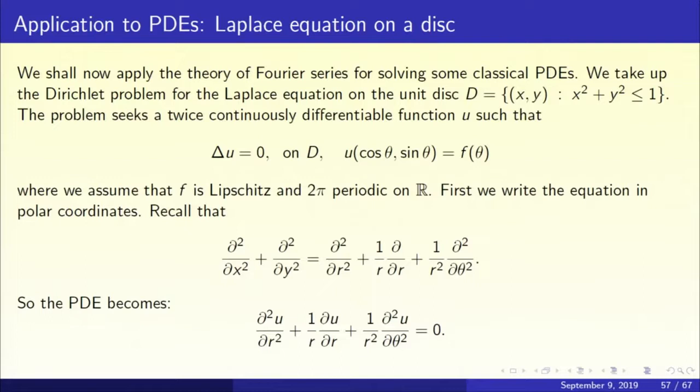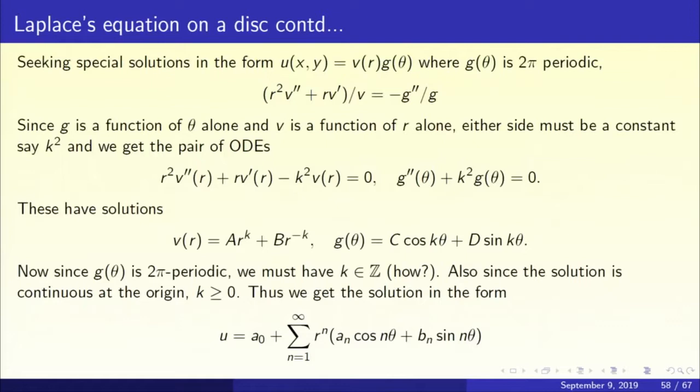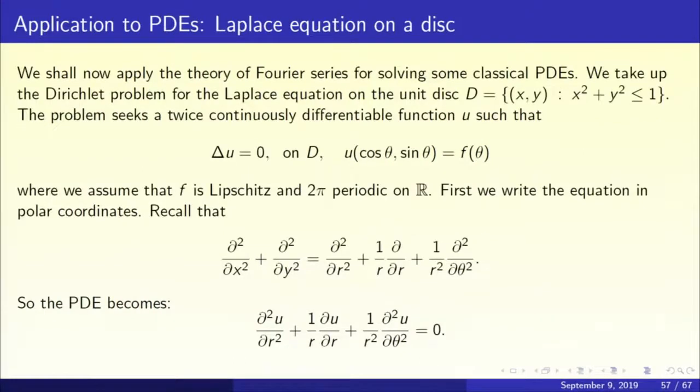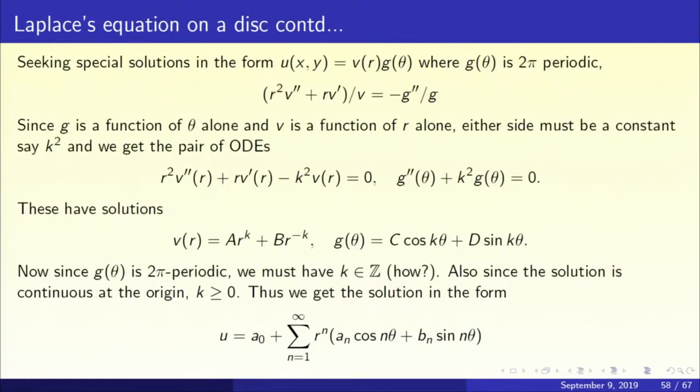V double prime r into g theta. What will be del 2u by del theta squared? V times g double prime theta. That's exactly what you see. And then there is a del u by del r term, and that will simply be v prime r g theta.